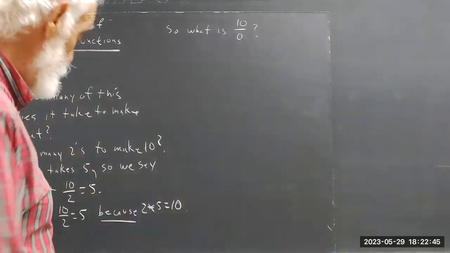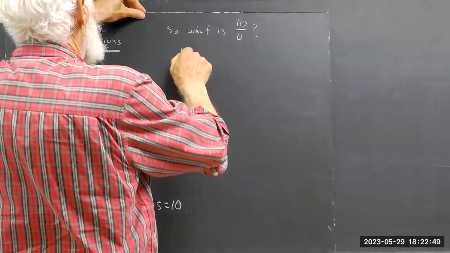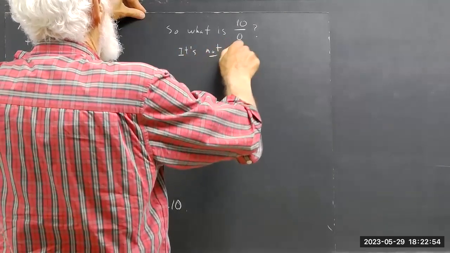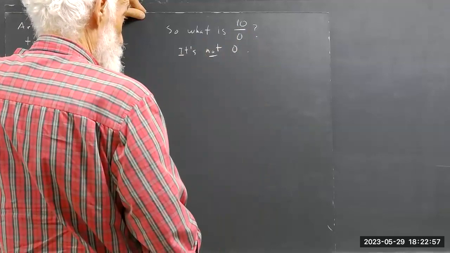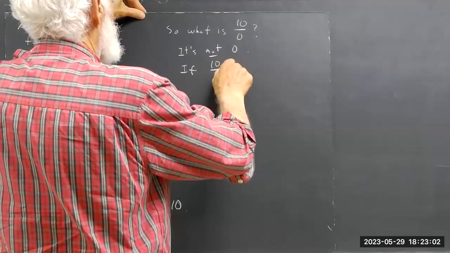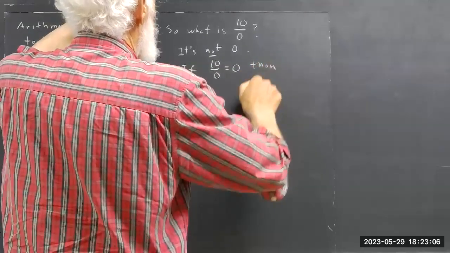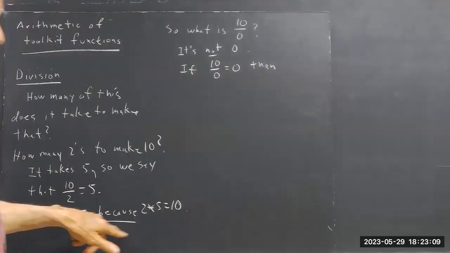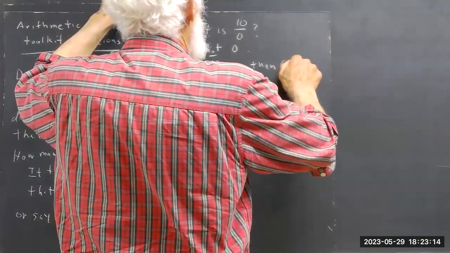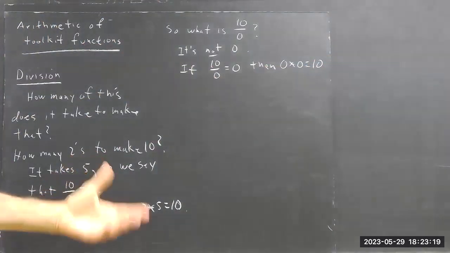I say no. If 10 divided by 0 is 0, then if we take this as our test, 0 times 0 would equal 10.